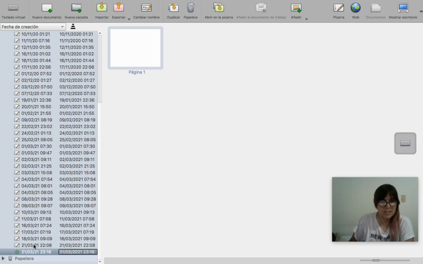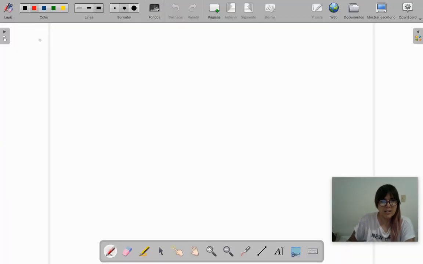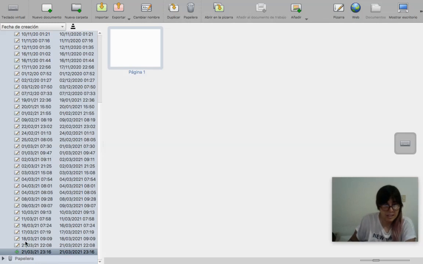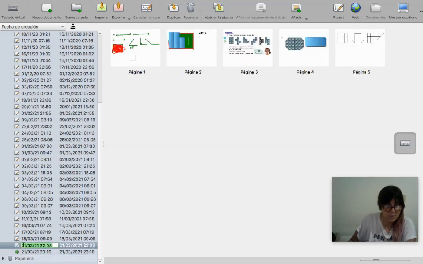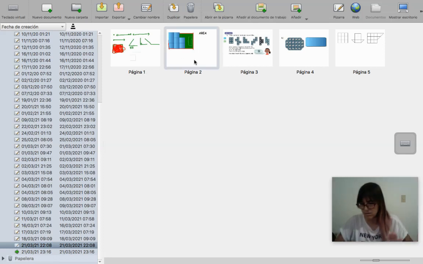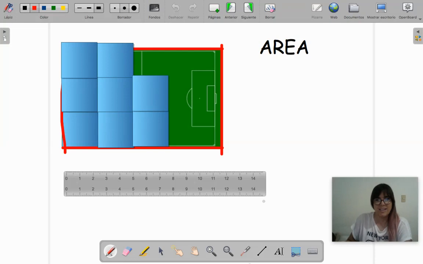Is it this one? Yeah. Why is not opening this one? No. Sorry for this little technology problem. There it is. Yeah, it's this one. We were, sorry. Yeah, finally I got it.